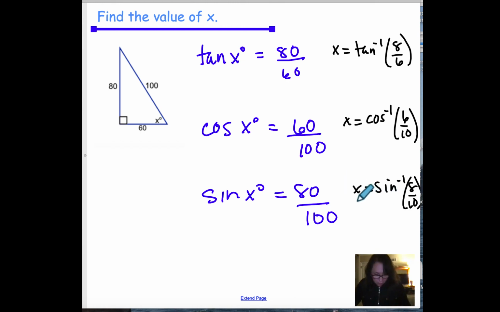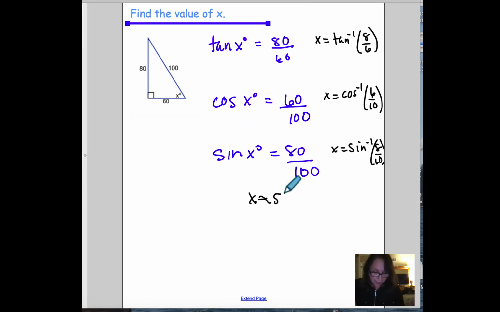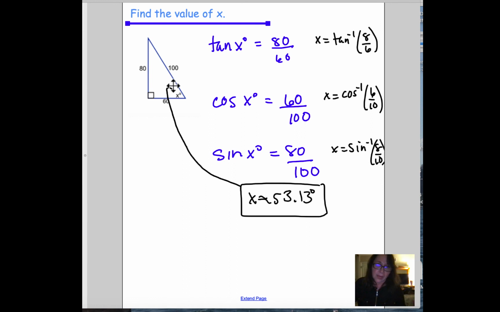So I'm just going to go arc sine of 8 divided by 10. I don't have to reduce that, but I get about 53.1. So x is about 53.13 degrees. And so that's this angle right here. I have so many different options to find that, but that's how I did that.